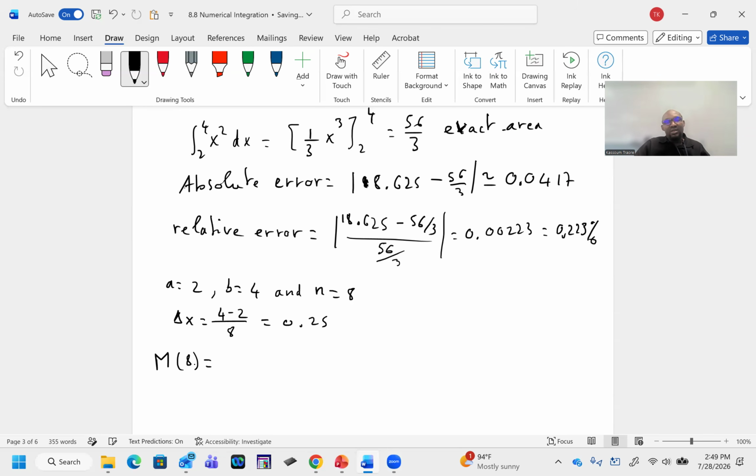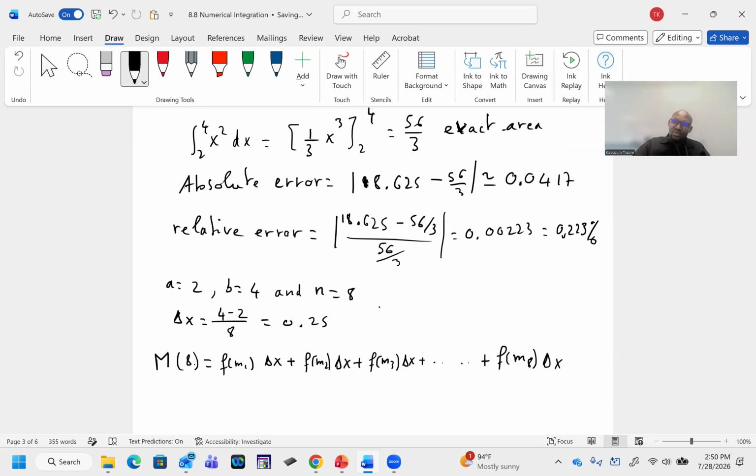So in this case, M of 8 will be equal to f of M1 times delta X plus f of M2 times delta X plus f of M3 times delta X, up to plus f of M8 times delta X. And what is my M in this case?